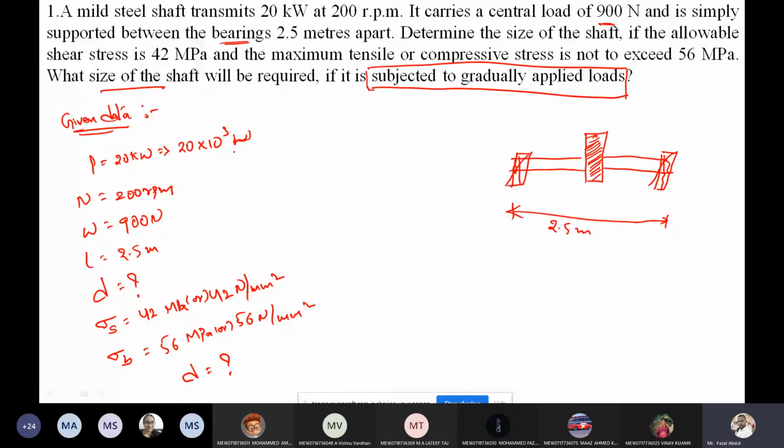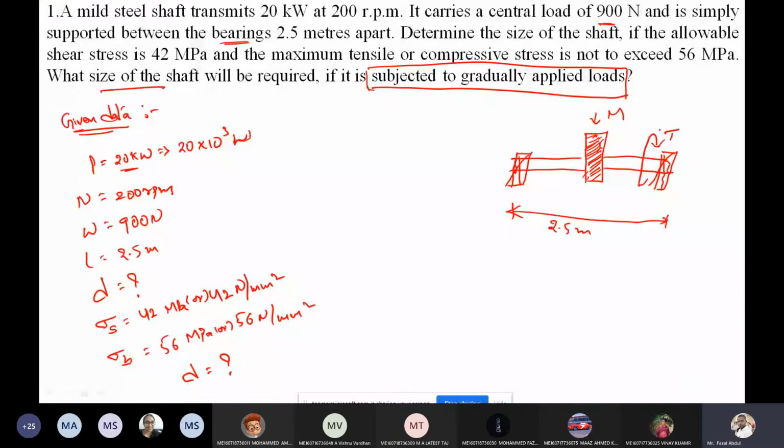Observe the diagram. It is transmitting the power, 20 kilowatts. Like this, I am showing the diagrammatic presentation, transmitting, and it is carrying the central load here. So this is a torque, and it is carrying the central load, bending moment. Two criteria are appearing here: one is torsion, one is bending moment.